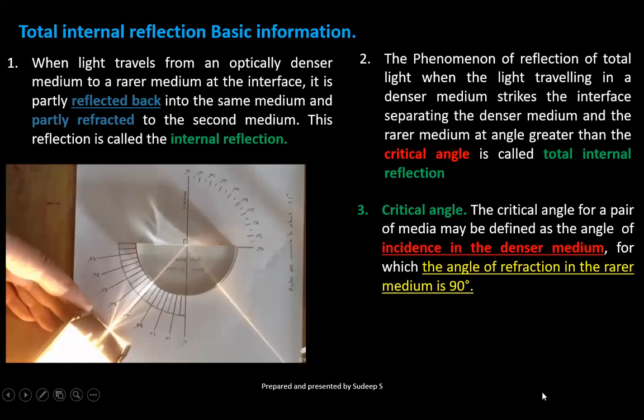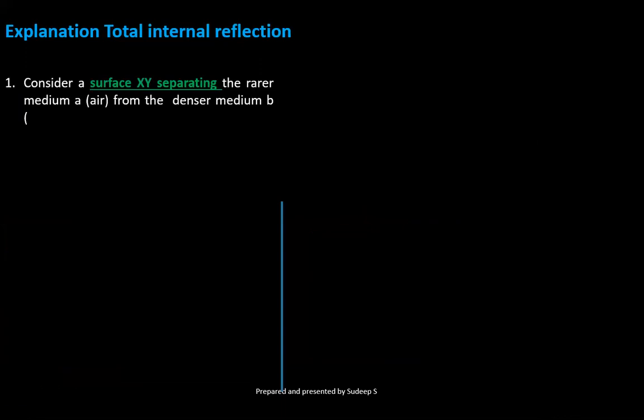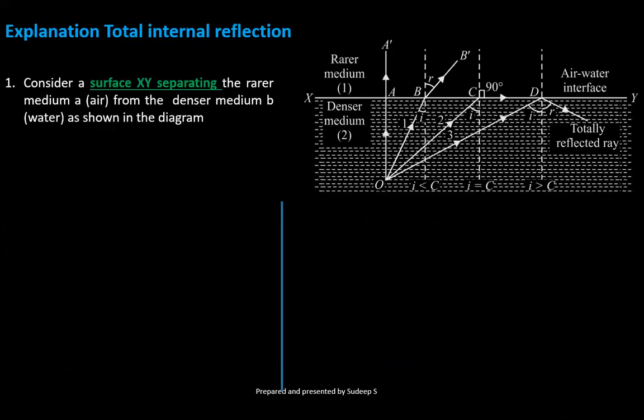Okay, so explanation for total internal reflection. Here we have considered a surface XY separating the rarer medium, that is air, from the denser medium, that is water, as shown in the diagram. Here is my denser medium and this is my rarer medium.